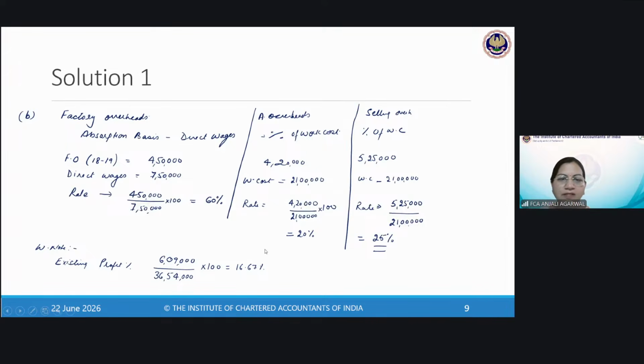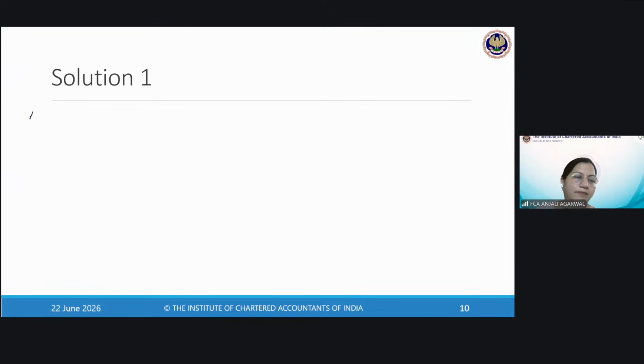Now, when we apply these calculations to our 2019-20 for the various jobs which we have got, we'll prepare the cost sheet again.